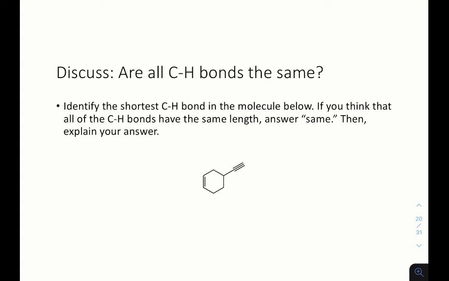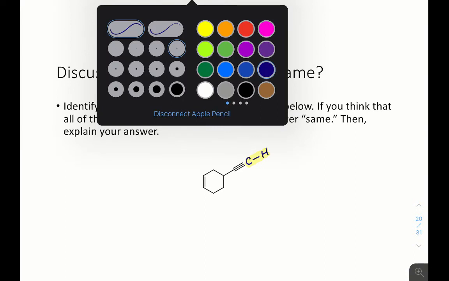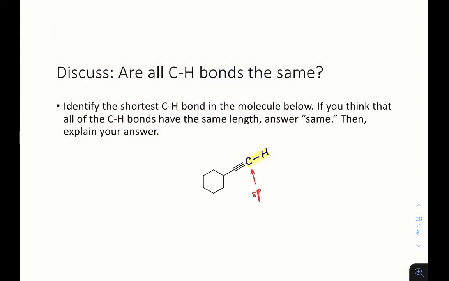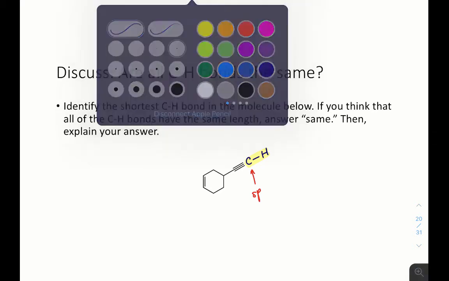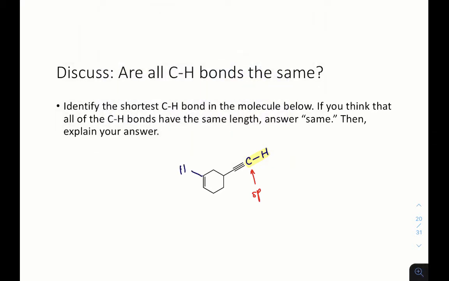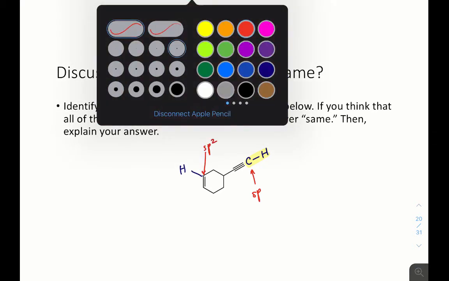No, all CH bonds are not the same. The shortest CH bond in this molecule is this one. Now we had a few choices. We could choose between a CH bond between an sp carbon atom and hydrogen, or a CH bond between an sp2 carbon and hydrogen.